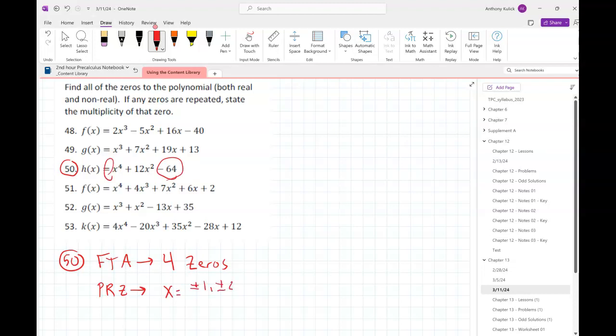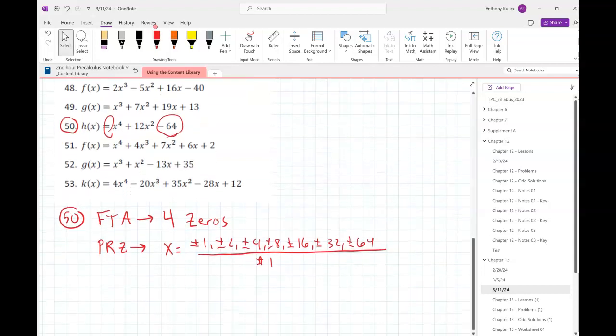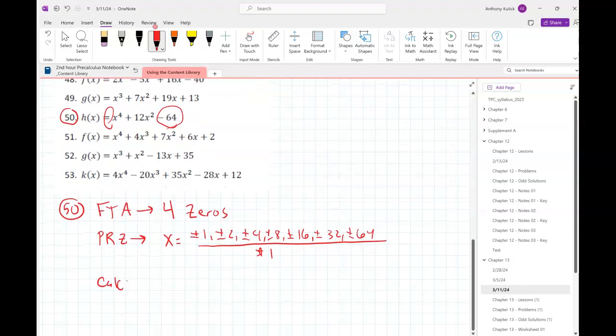So my factors of 64 are 1, 2, 4, 8, 16, 32, and 64. So I'm going to now type this into my calculator and take a look at what I have.